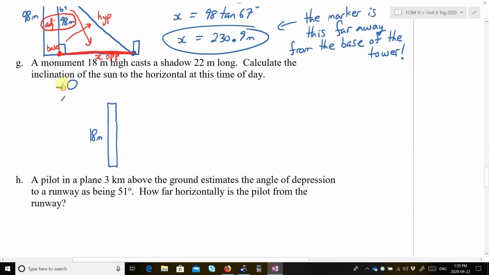So imagine the sun up here shining down, and the sun rays come down like this. Hit the ground over there, and they cast a shadow 22 meters long. There's the 90 degrees.